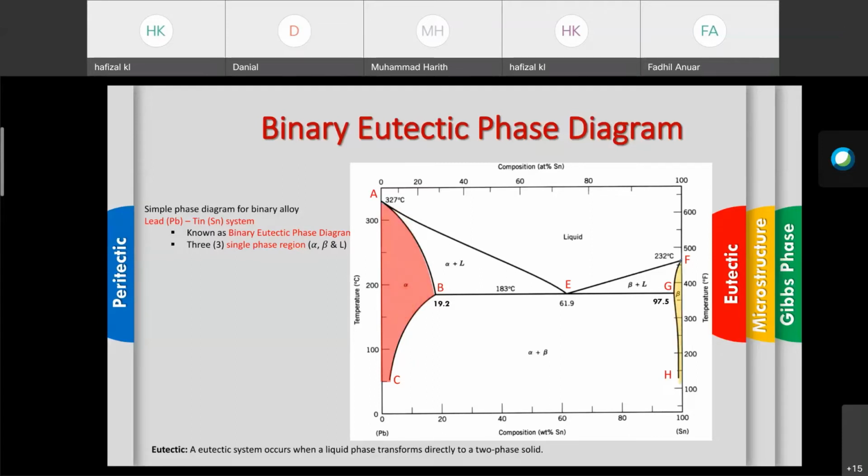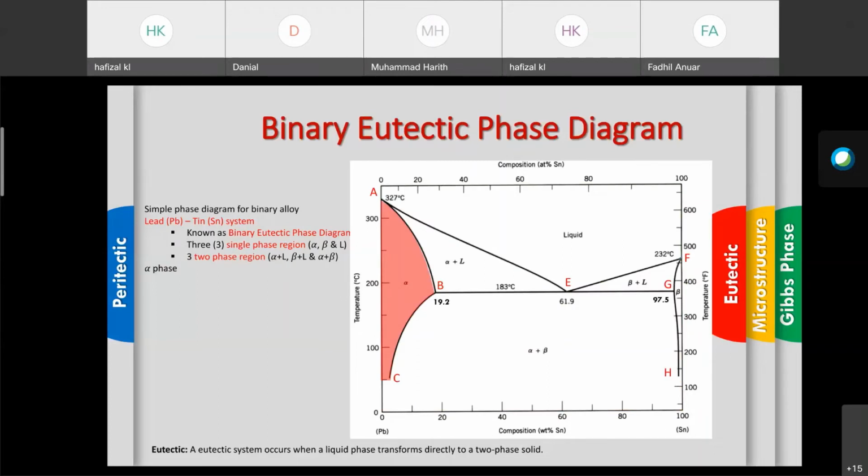And then we have the two phase regions: alpha plus liquid, beta plus liquid, and alpha plus beta.